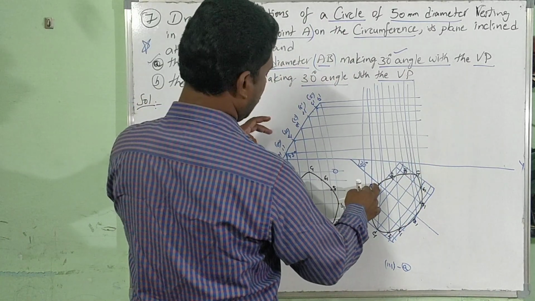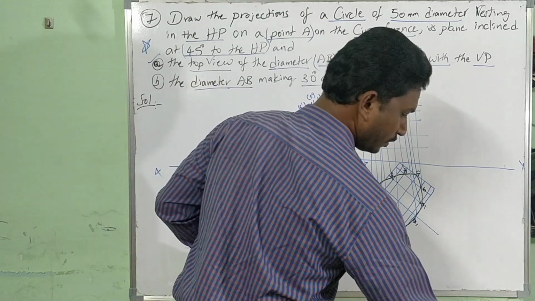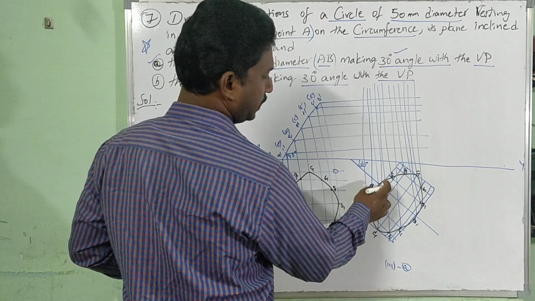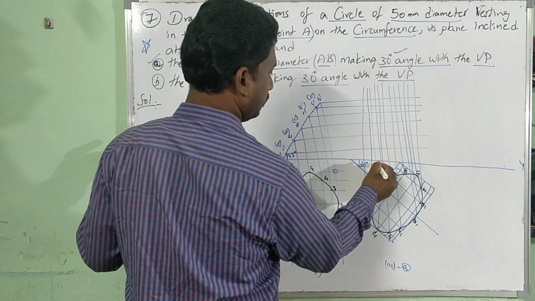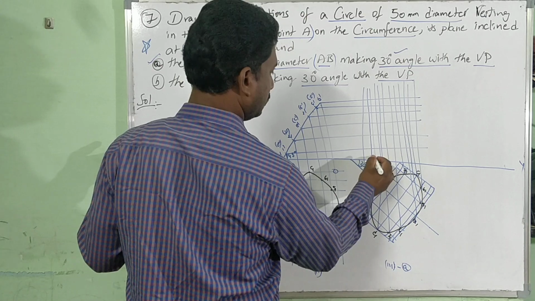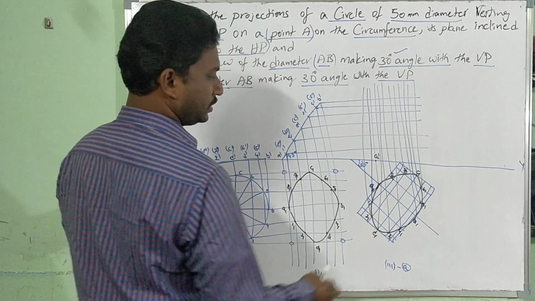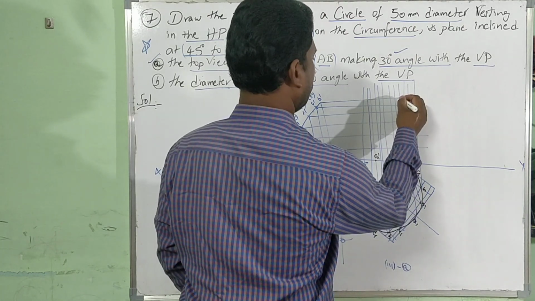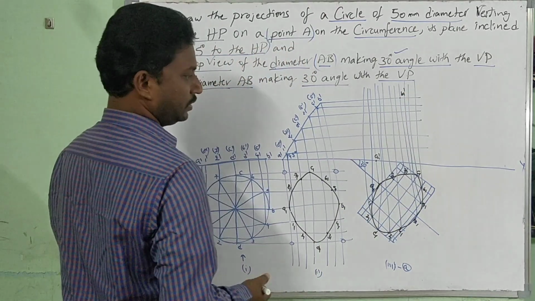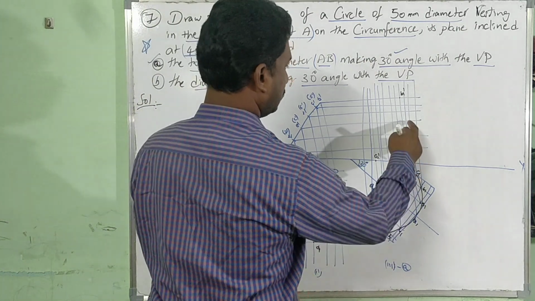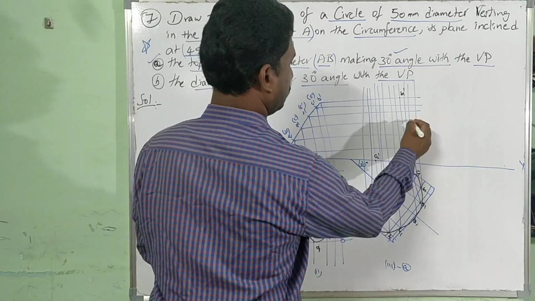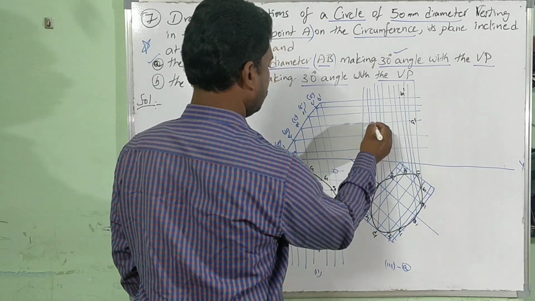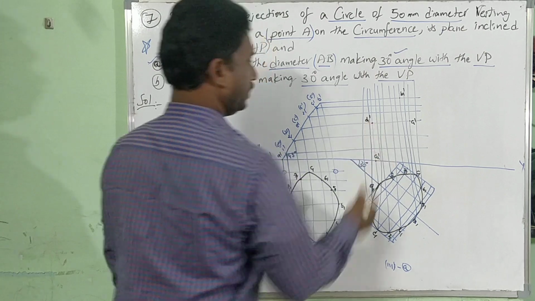Taking a little bit of A to A. See here A. A1 dash, B1 dash, C1 dash, D1 dash.